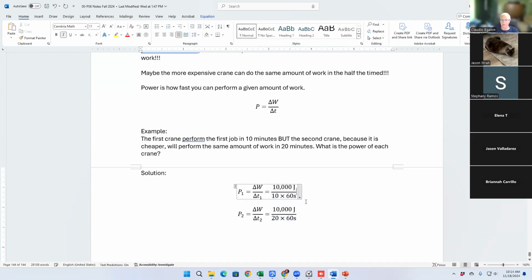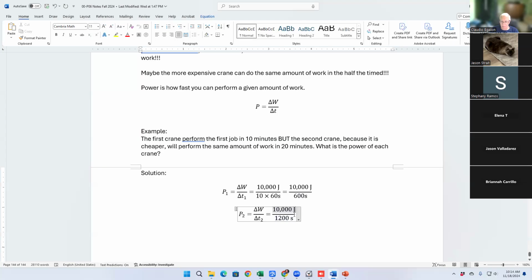Now you do the math, right? It's going to be 10,000 joules divided by 600 seconds. The other one is going to be 10,000 joules divided by 1,200 seconds. And the unit of power is going to be joules per second.